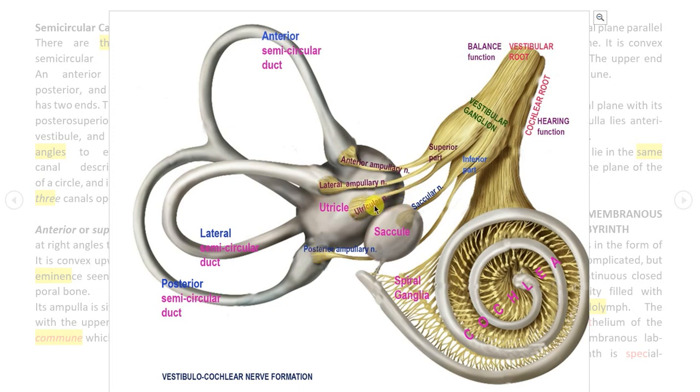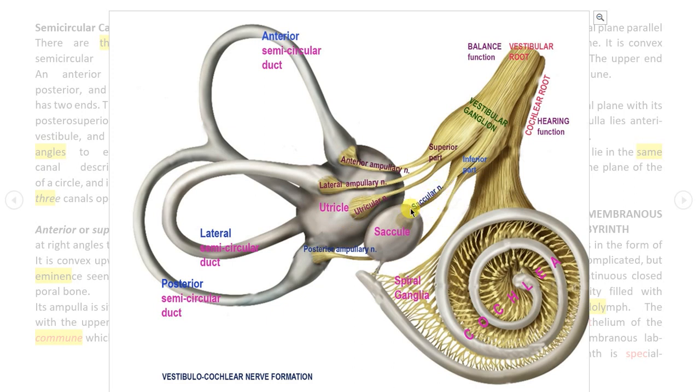Remaining two, this is the utricular nerve. Now the names of the sensory epithelium are macula of utricle and macula of saccule. We will see the structure of crista and macula in another diagram. So this utricular nerve will innervate the macula of the utricle.